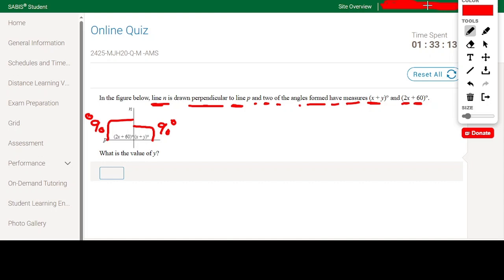So as I said, here x plus y will be equal to 90. The other one, 2x plus 60, will be equal to 90.